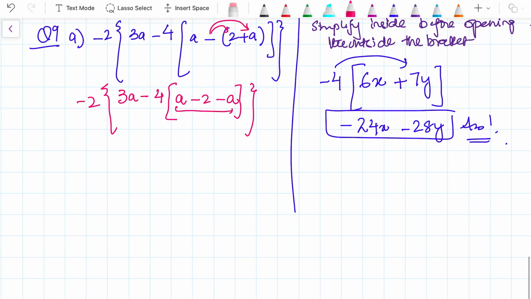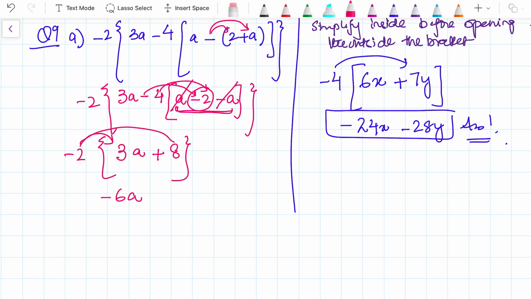First simplify the inside bracket. A minus a cancels out, so you are just left with a minus 2. Minus minus is a plus. 4 into 2 is 8. Minus 6a minus 16.